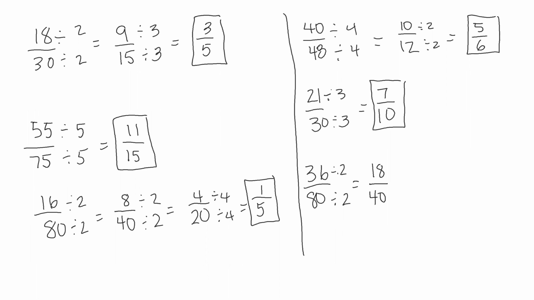Good grief. Now, they're both even again. So let's go ahead and divide by 2 one more time. 18 divided by 2 is 9. 40 divided by 2 is 20. And let's see if we have any common factors. Well, factors of 9 would be 9 and 3. All right. Well, 9 does not go into 20. 3 does not go into 20. So 9/20 is lowest terms.